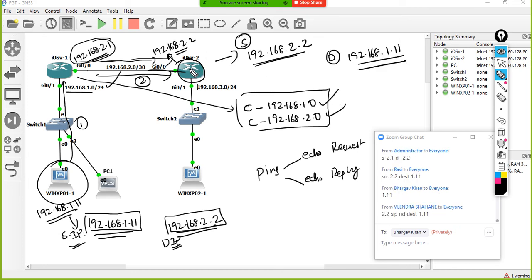So does your router know about 1.11? Router 2, does he know about it? Are you understanding or not? No. Then is he able to reply back? It's not going to communicate. Just think about it.